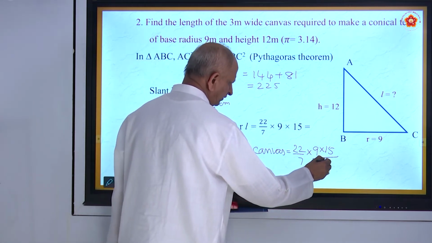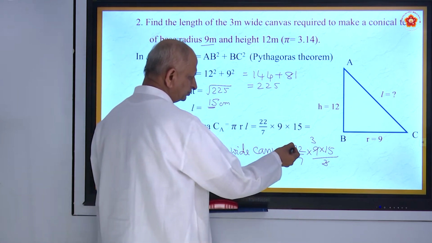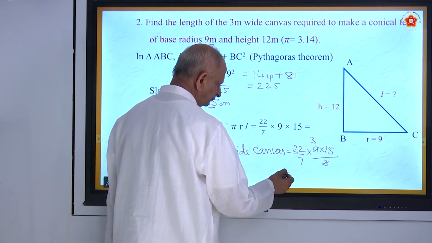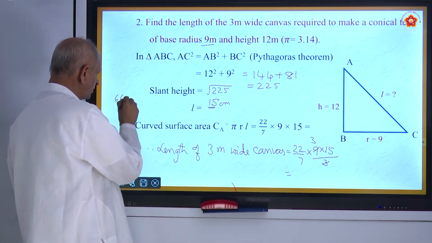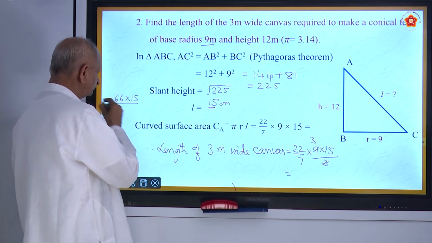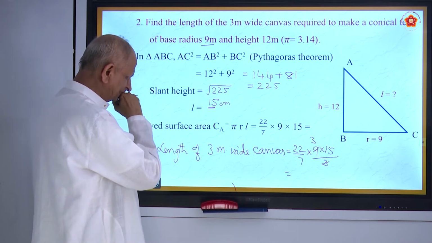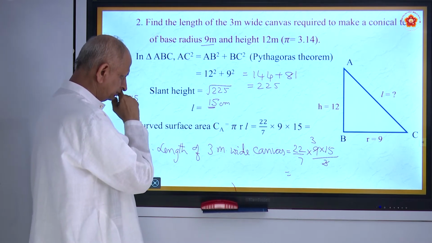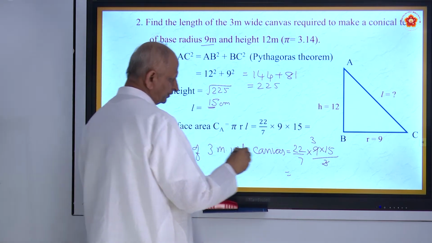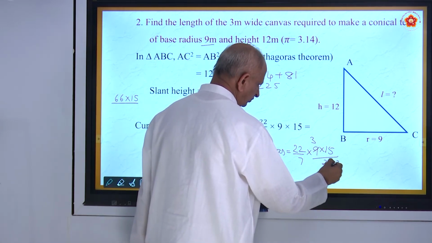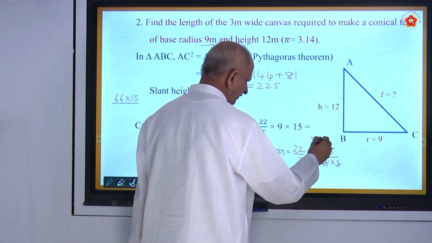So here you have 3 ones, 3 threes, and 66 into 15. So when you say 3 meter wide, this becomes a square. So 3 into 3, 9. You can take, so 3 ones, 3 fives.